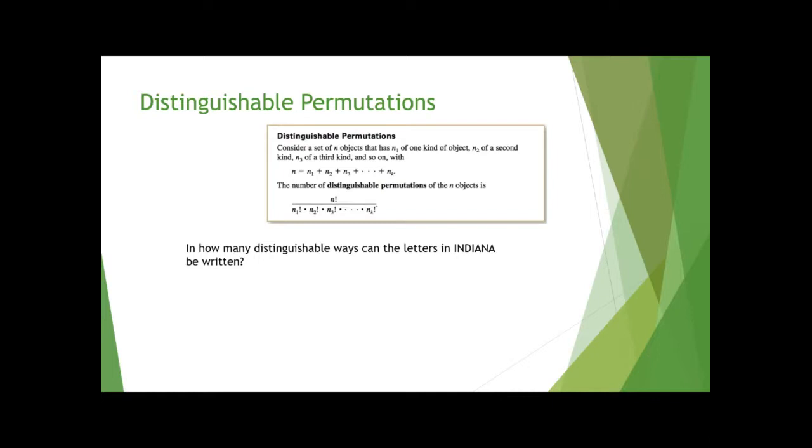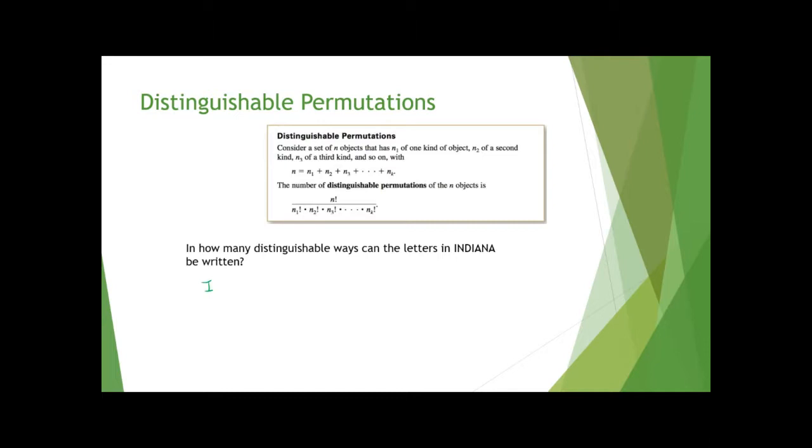So our formula is slightly different. The number of distinguishable permutations of n objects is the total that you have, n factorial, divided by the factorial for each set of identical objects. So this will make much more sense with an example. So we have Indiana.